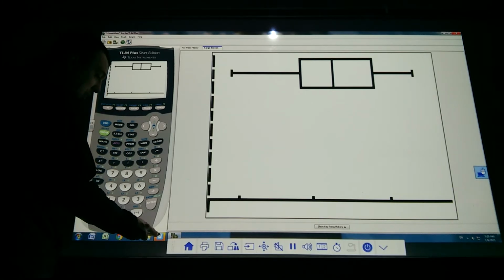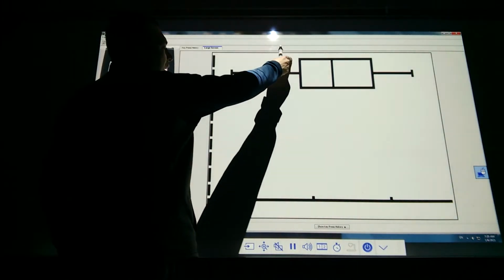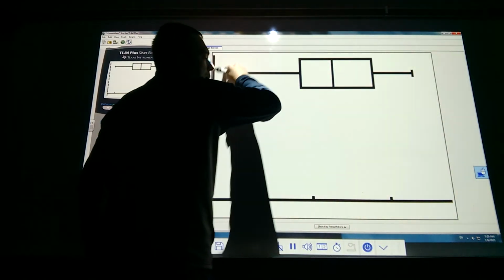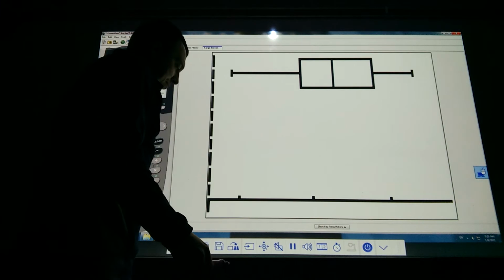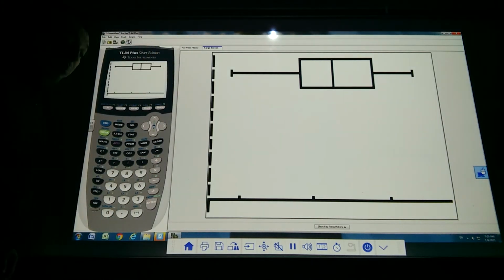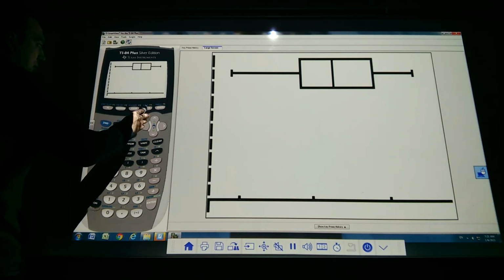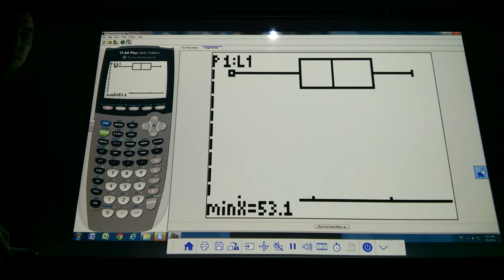You want to make a sketch of this on your paper. And AP wants you to put a couple of numbers. So we're going to put the lowest number and the highest number. We're going to hit trace.